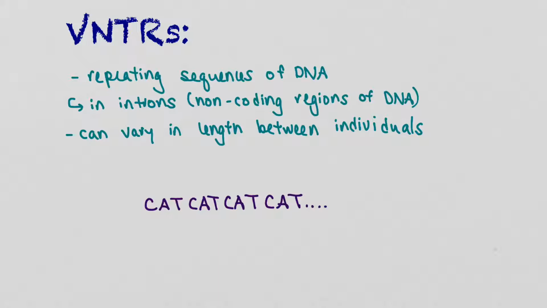And these VNTRs can vary in length between individuals, which can be helpful in figuring out the difference between one person and the next, because that may be the things that make us more different. So an example would be like CAT repeating over and over. In one person it could repeat 10 times in that section, and in somebody else it could repeat 15 times.